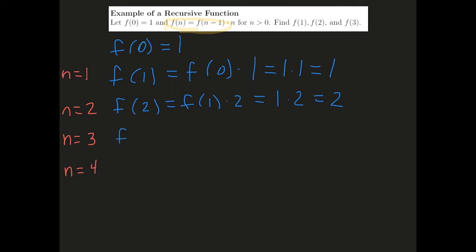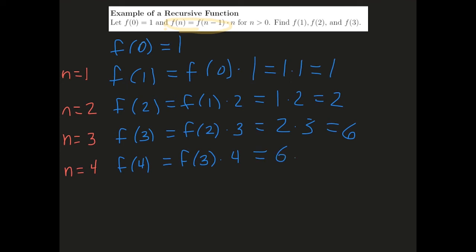So f of 3 is f of 2 times 3, so that's 2 times 3, which is 6. F of 4 would give us f of 3 times 4, which is 6 times 4, which is 24, and so on and so forth.